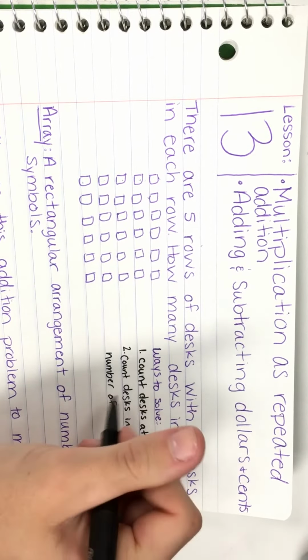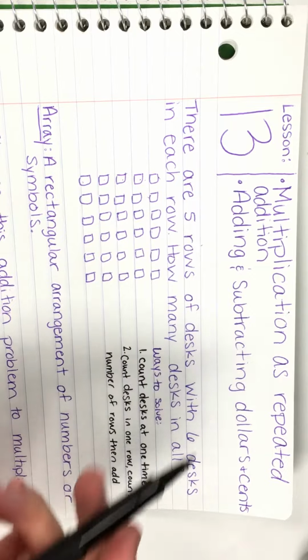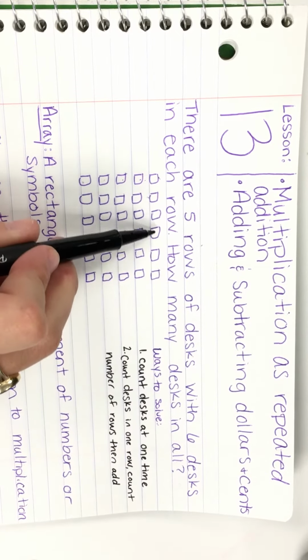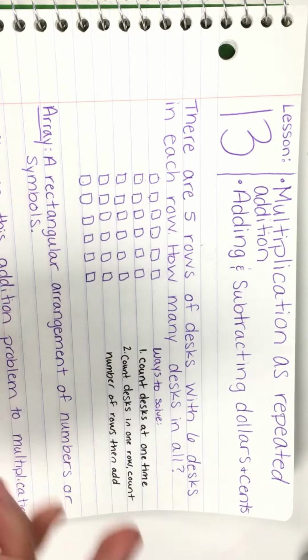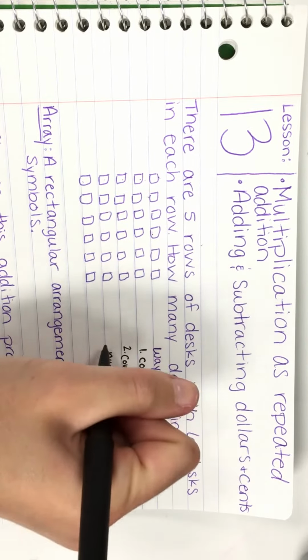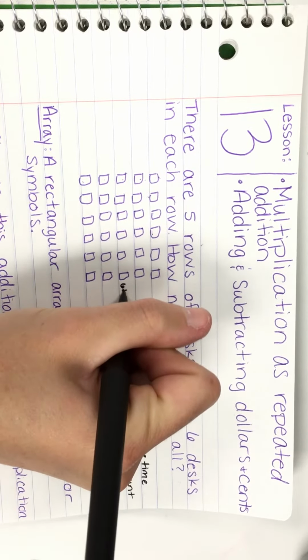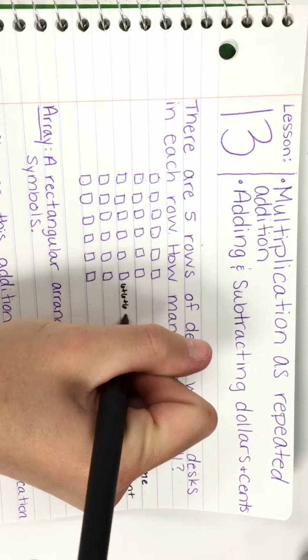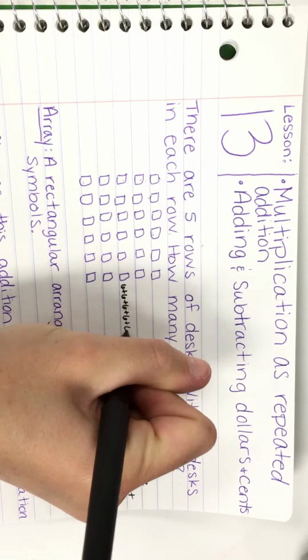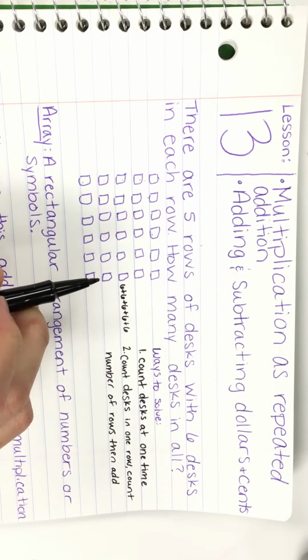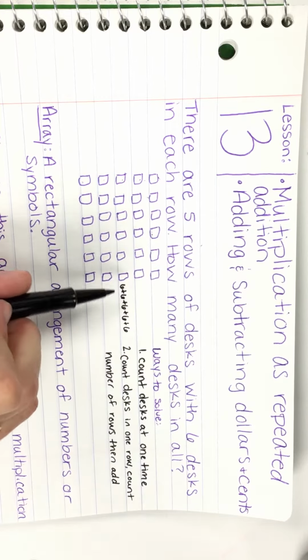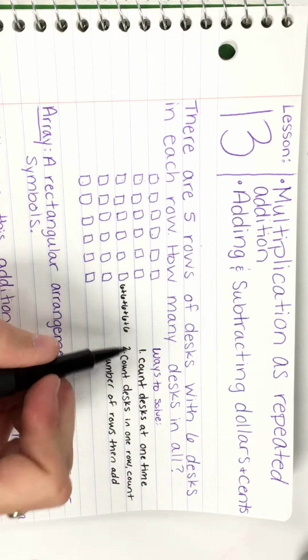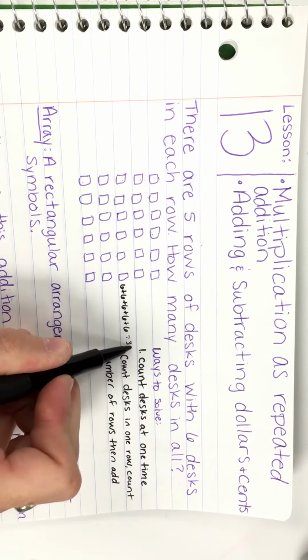So in this method, we'd ask, how many desks are in one row? 1, 2, 3, 4, 5, 6. So you'd say 6 plus 6 plus 6 plus 6 plus 6. So you do 6 plus 6 plus 6 plus 6 five times. 1, 2, 3, 4, 5. And that would equal 30.